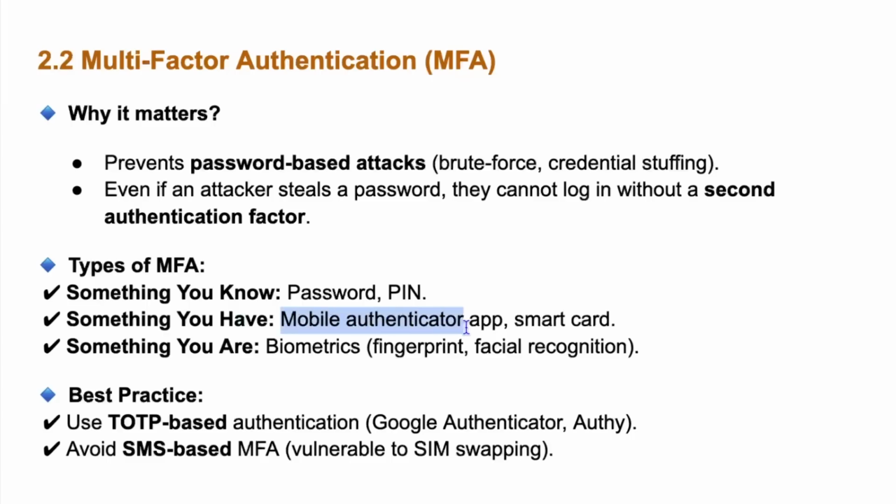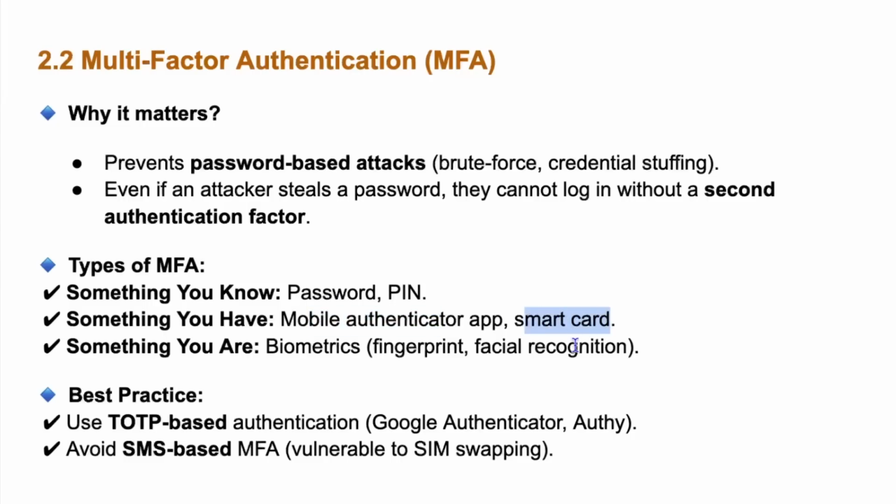So a mobile authenticator app like Google Authenticator or Authy, these would be installed on your mobile device, on your cell phone. As long as you have your mobile device, you can open up your Authenticator app and use that time-based authentication code, essentially, in conjunction with your password. So you would log in using your email and password, and then it'll say, okay, enter your mobile authenticator code, right?